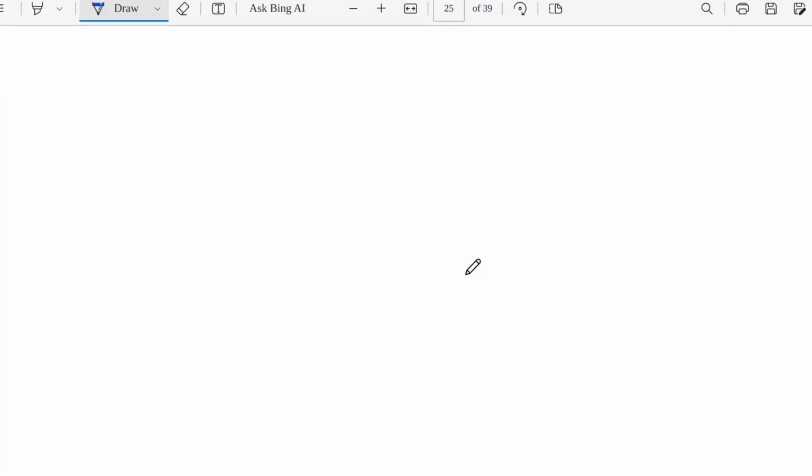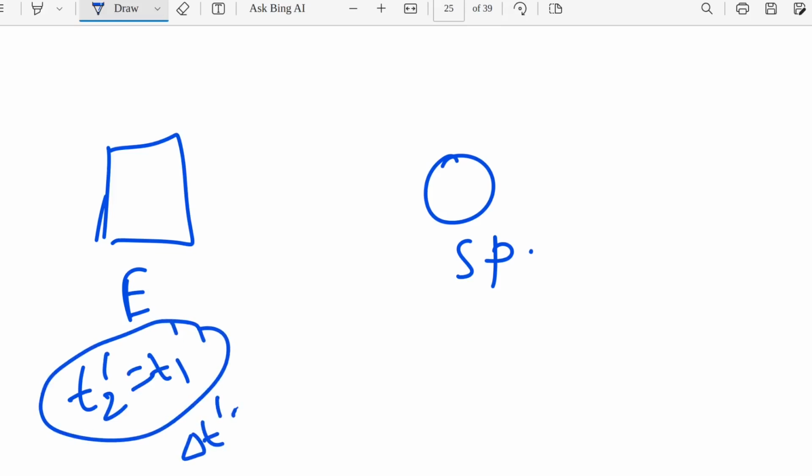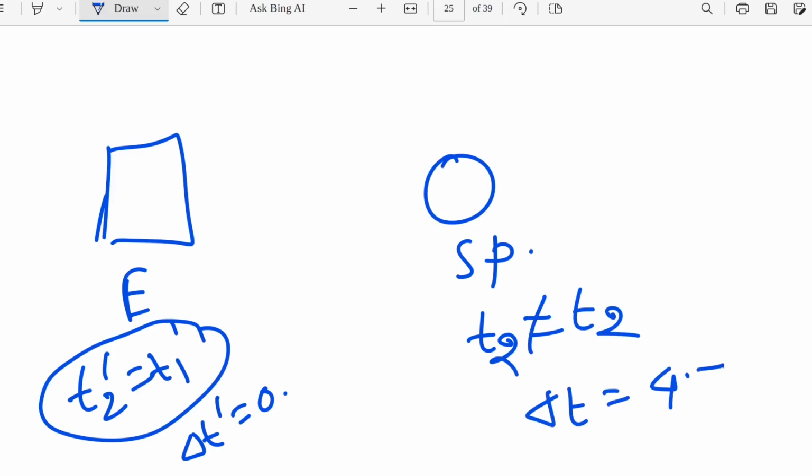Now I just want to tell you one thing. Just remember the question again. In the earth frame of reference and in the spaceship frame of reference: in the earth frame of reference, t2 prime and t1 prime were exactly the same. That means delta t prime was 0. But in the spaceship frame of reference, you can see t2 is not equal to t1, and there is a delta t value, which is nothing but 4.77 minutes, right?